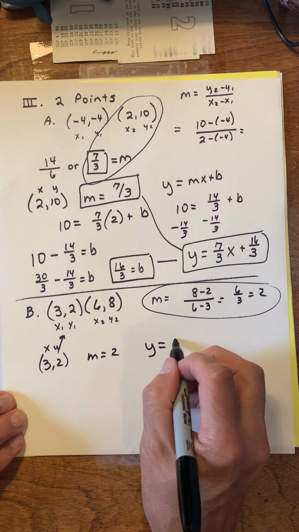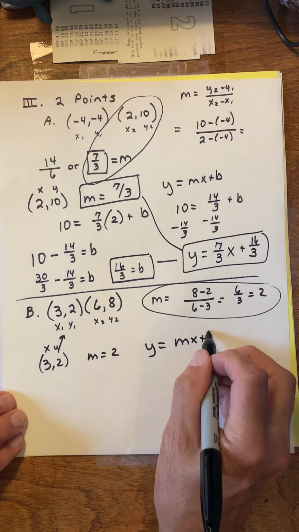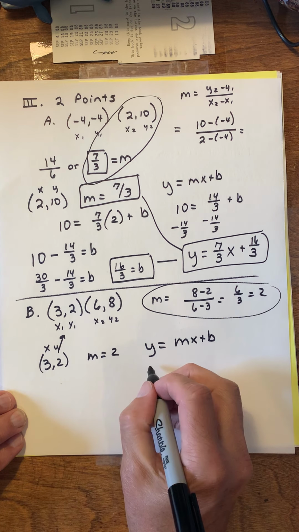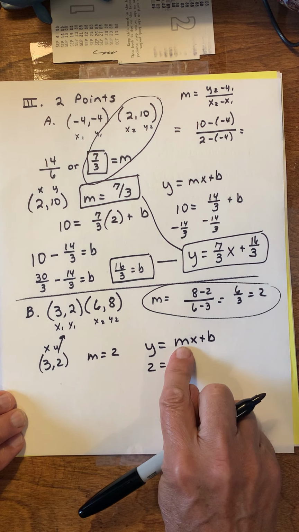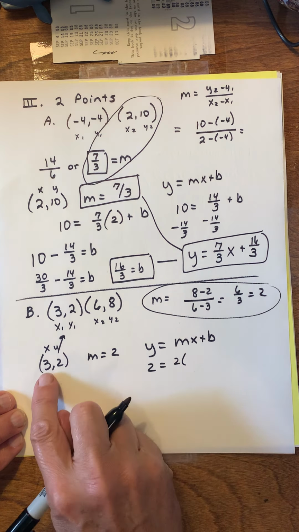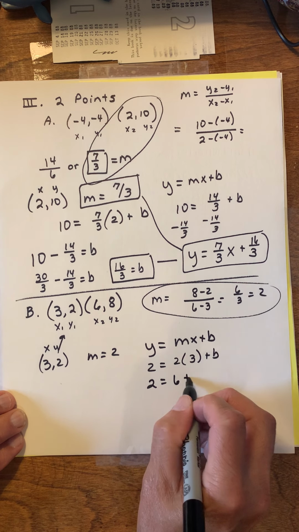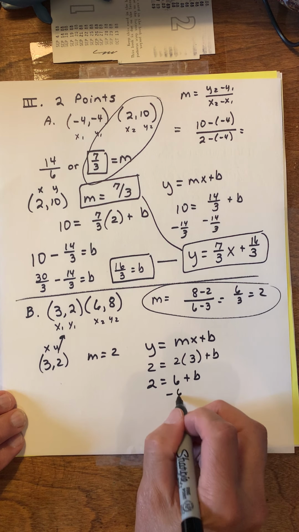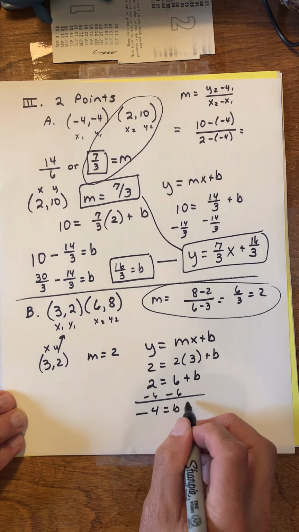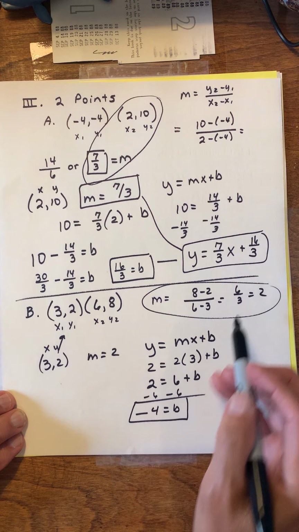Fill into y equals mx plus b. There's my y. M is 2. X is 3, and I have everything but b. Solve for b, minus 6 both sides. B is negative 4. Now I got my slope.